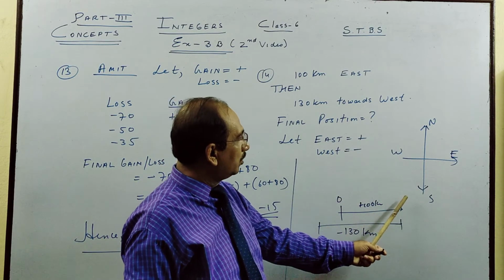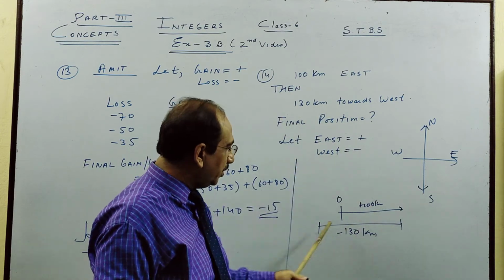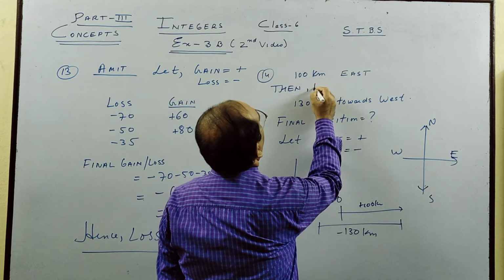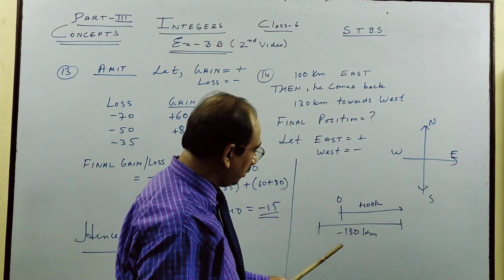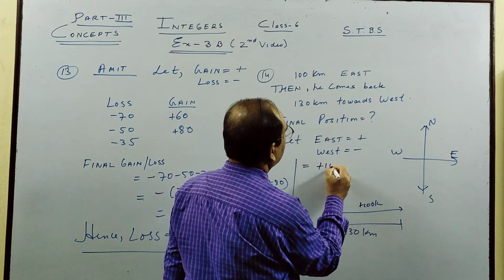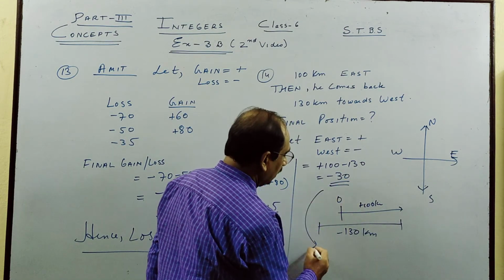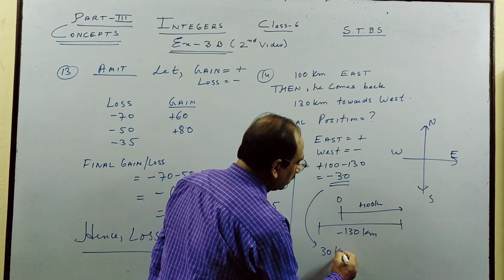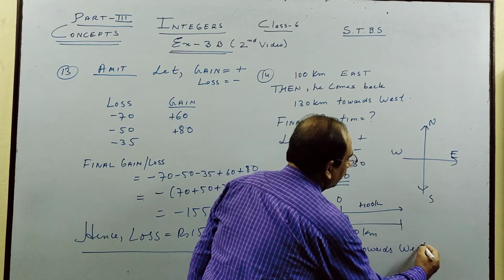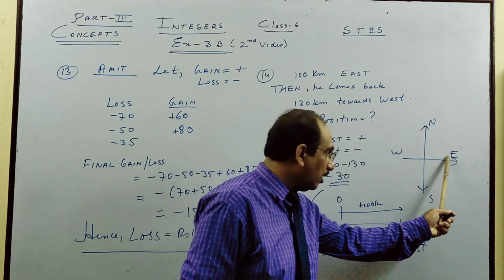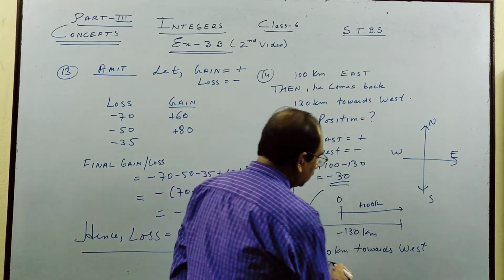He goes from here 100 kilometers towards east, then he comes back 130 kilometers towards west. Question is, what is his final position? So if you do, children, this is plus 100 minus 130 is minus 30, which means he is 30 kilometers towards west. See, from origin 0, you go there 100, come back 130. So from here, he is 30 kilometers towards west. So this is the answer.